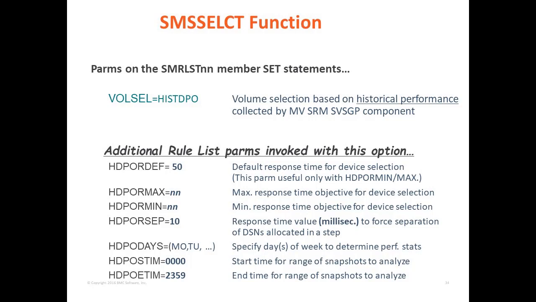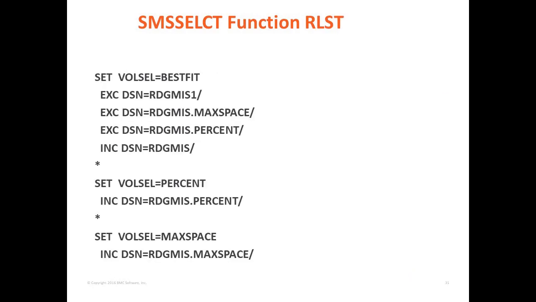Values can be set for maximum and minimum response times, a range of snapshots, which are the SMF, CMF, RMF intervals, or even days of the week can be selected in order to provide granular settings for the most critical times for optimum performance. Here's an example of using the SMSSELCT RList for using the volcel parameter with best fit, percent, and max space.